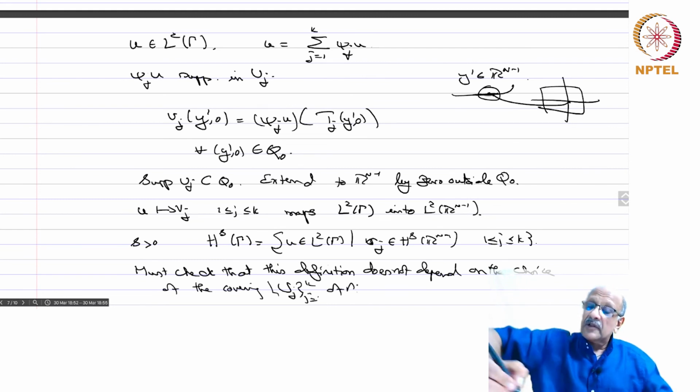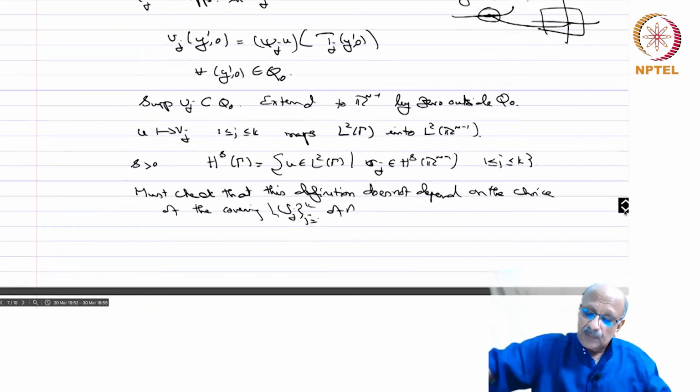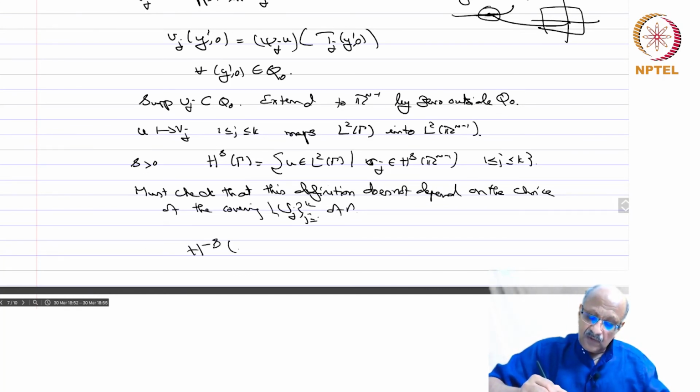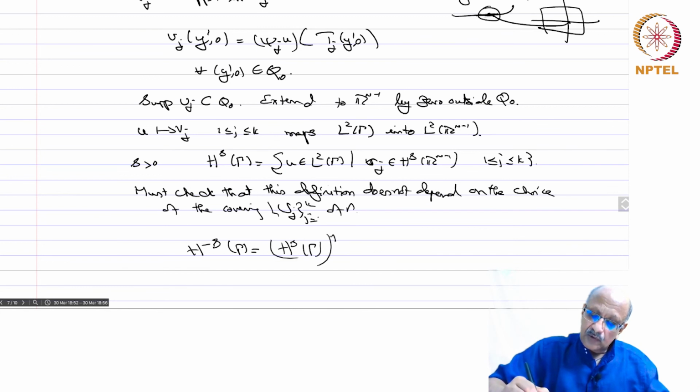So whatever cover you take, the spaces you get will always be the same. And we define H minus s of Gamma as the dual space of Hs of Gamma. This is how we define Hs spaces on the boundary.